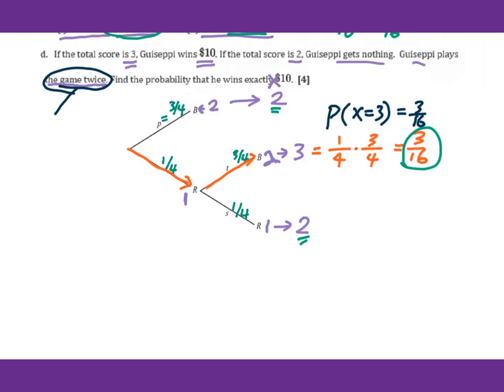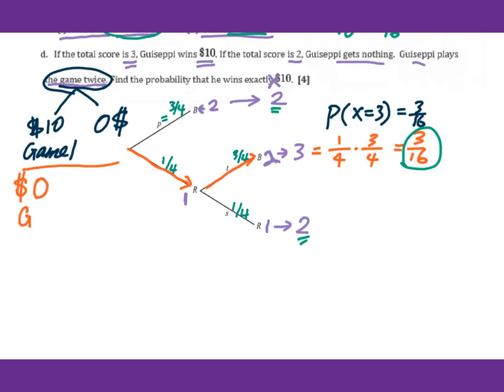He wins $10 in game 1, and second game, nothing. Or he wins nothing for the first game, and second game, he wins $10.